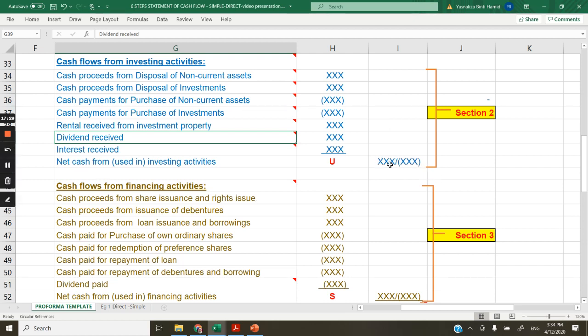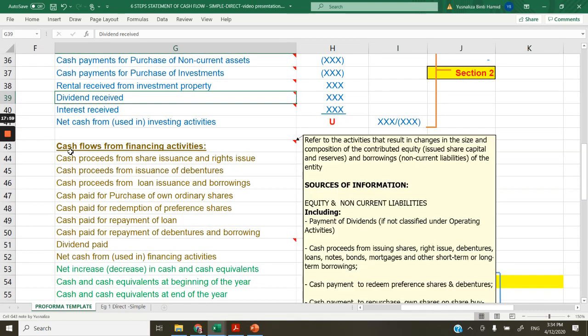If you have a positive result coming from the total of these activities under investing activities, that is going to be an inflow. So the net cash from is an inflow. The net cash used in investing activities is an outflow. So you have the section 1 done, which is called U. So you need to find the U.